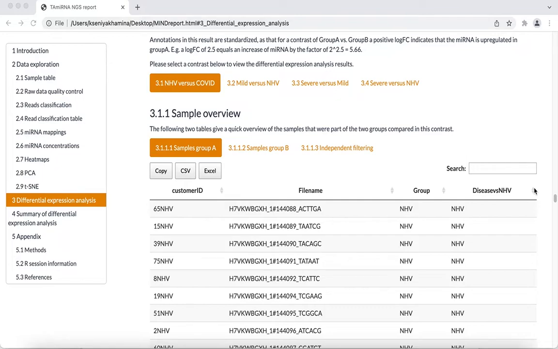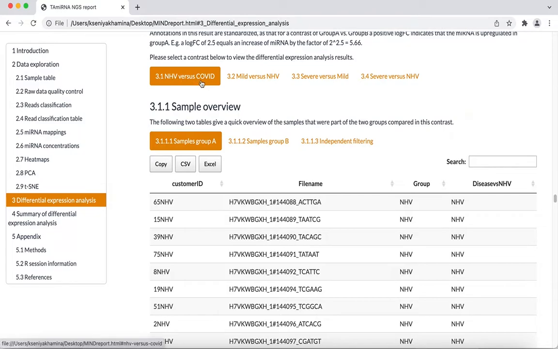For example, we have a contrast of group A versus group B, and then a positive log-fold change would indicate that this specific microRNA is upregulated in group A. For example, a log-fold change of 2.5 equals an increase of the microRNA by a factor of 5.66.